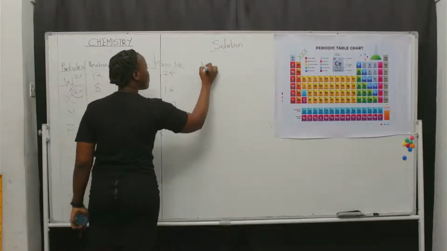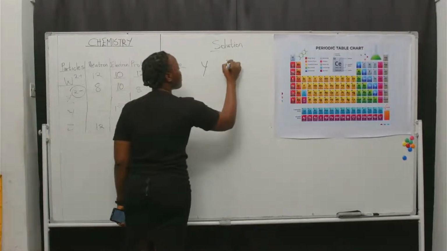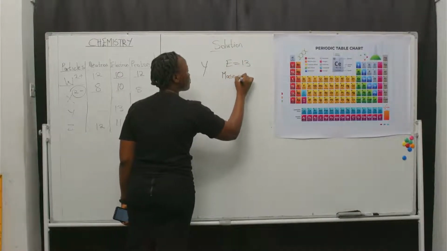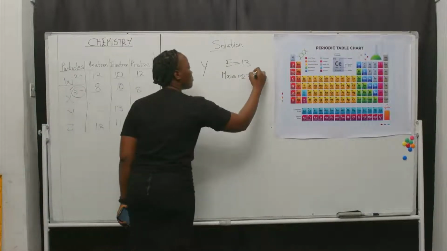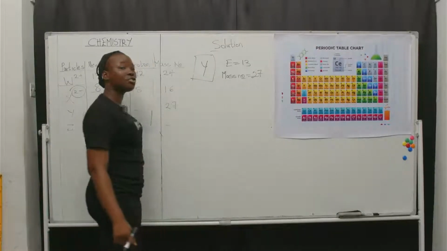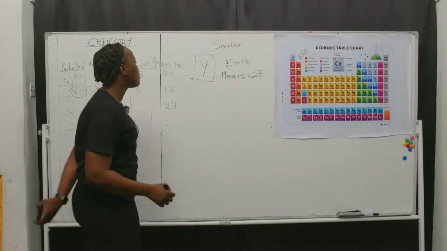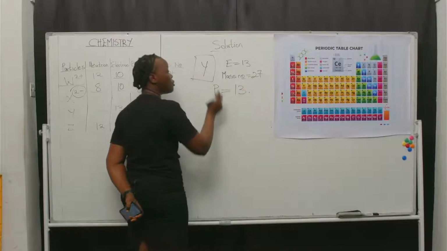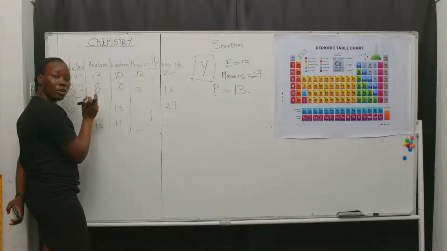As Y. We're given the electron number to be 13 and mass number to be 27. This is a neutral atom. And since it's a neutral atom, the number of protons will be equal to the number of electrons. So the proton number would be 13. Since it's a neutral atom, we are left with calculating the number of neutrons.